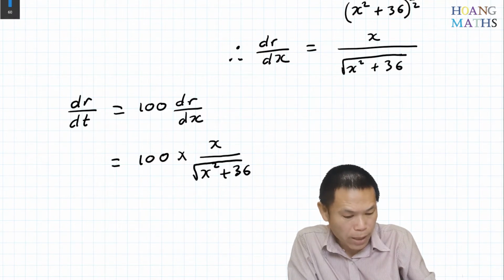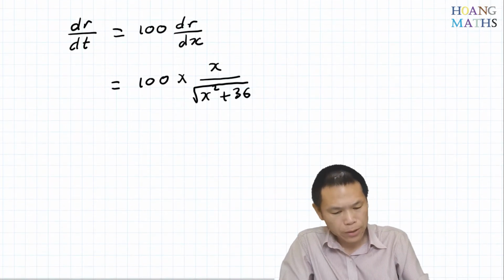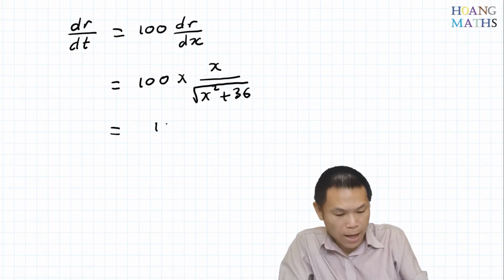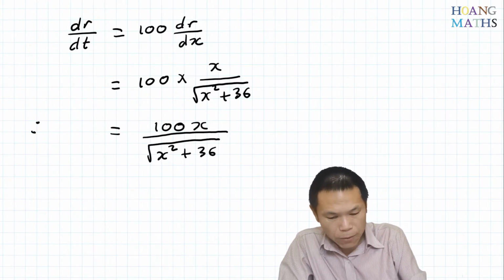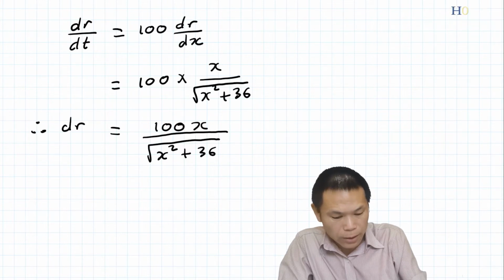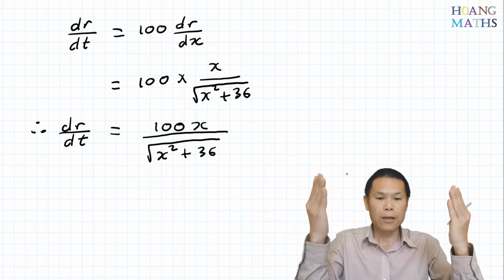There you go. So now just simplify it. This is equal to 100x over the square root of x squared plus 36. So therefore, dr/dt is equal to this.